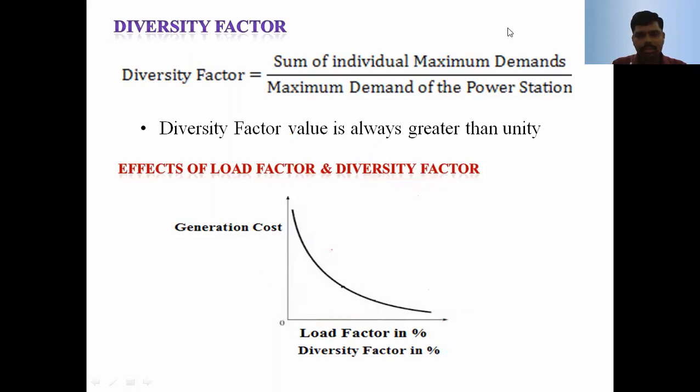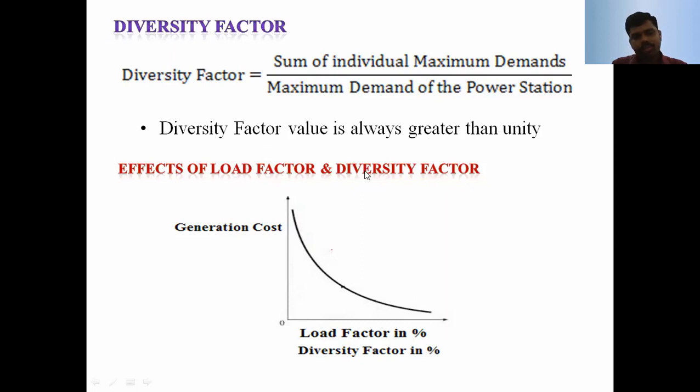The diversity factor is the ratio of the sum of individual maximum demands to the maximum demand of the power station. Here we calculate the individual consumer demand with respect to the power plant demand. The diversity factor value is always greater than unity.